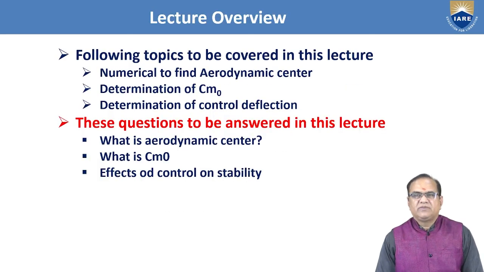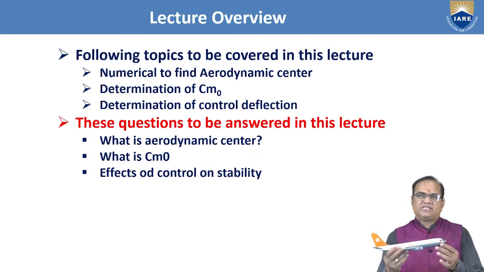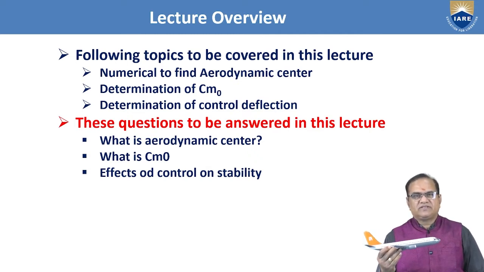And if you see, we have covered aircraft longitudinal static stability. In aircraft longitudinal stability, first we have to understand what longitudinal static stability is. This is one model of an aircraft.